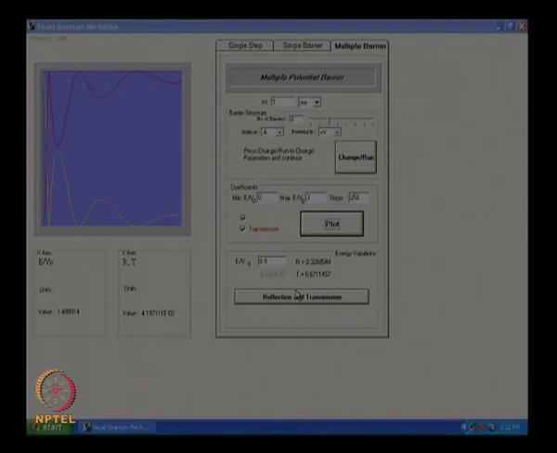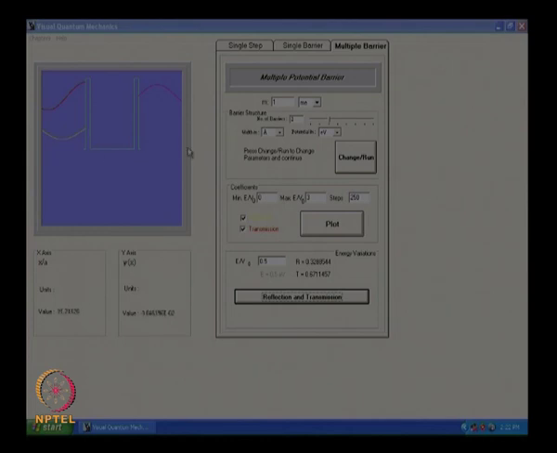Any particular potential energy variation can be put into the software to calculate the reflection and the transmission coefficient. Here we have two potential bumps.